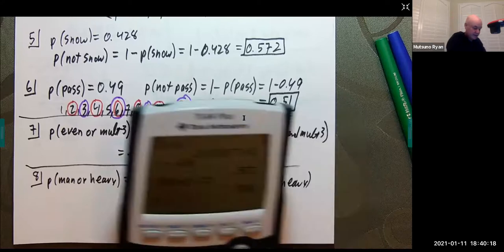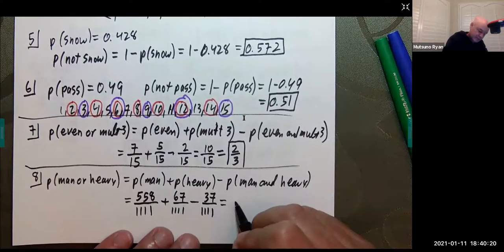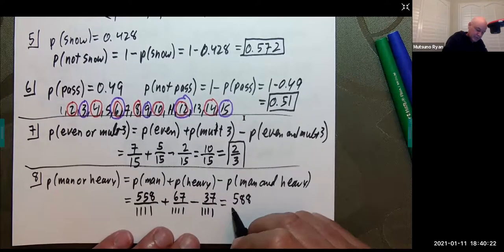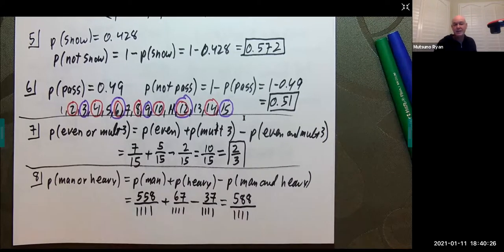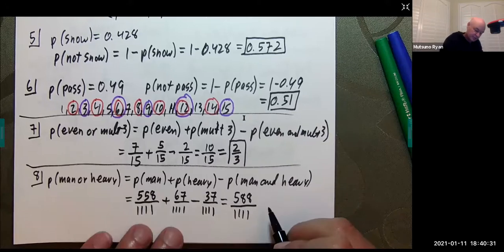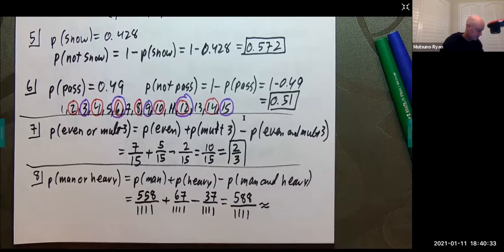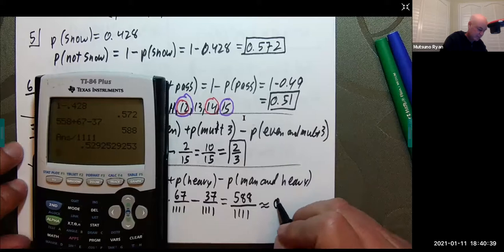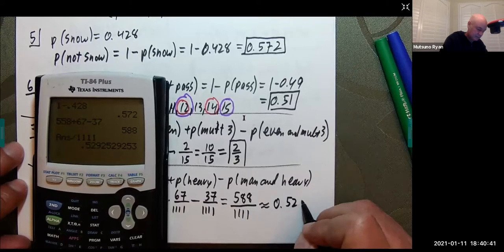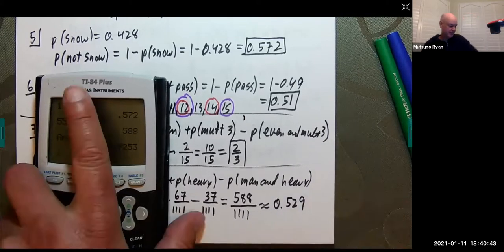So that's 588 over 1,111. And it again does not tell us how it wants to write the answer. So we could convert this into a decimal approximation. And I got that. We'll stop there.